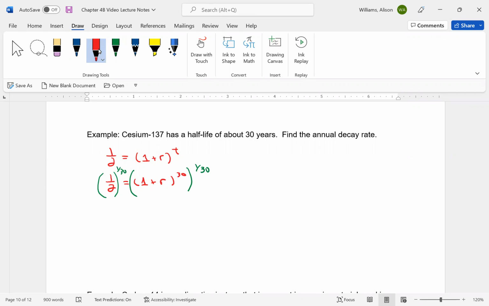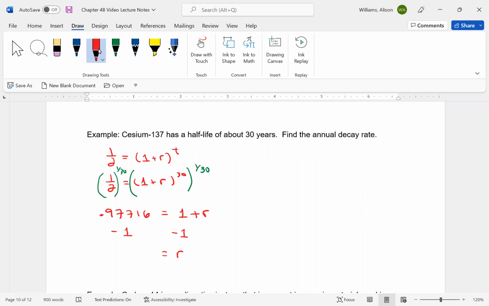Now I'm going to leave this in my calculator so that I can refer to this decimal to stay as accurate as possible. But I get 0.97716. That equals 1 plus R. Then from this, I'm going to subtract 1, which is going to give me a negative R, but that's the decay.